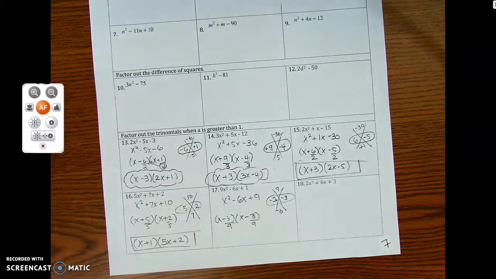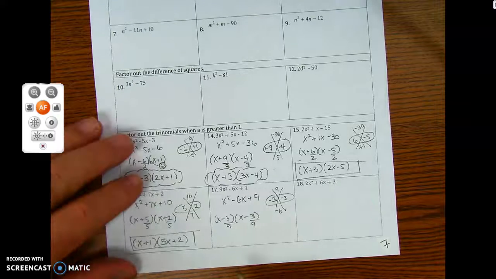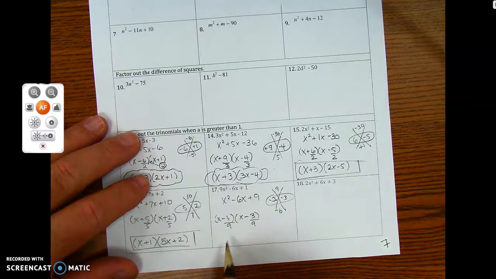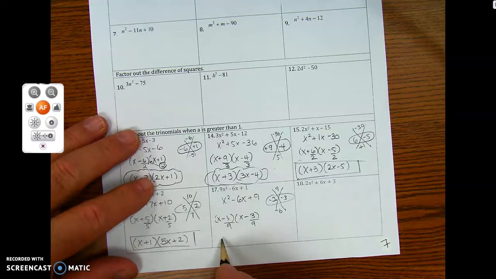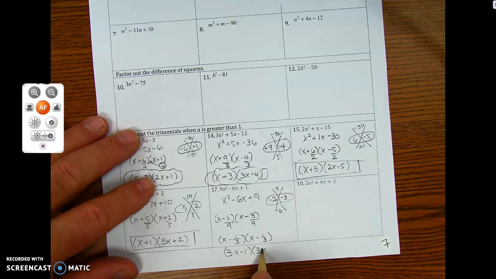Now, guys, this problem, I got to simplify this fraction. Put it in your calculator, and you'll get x minus 1/3 times x minus 1/3. Now we're going to bring the bottoms up, and we get our answer, 3x minus 1 times 3x minus 1.